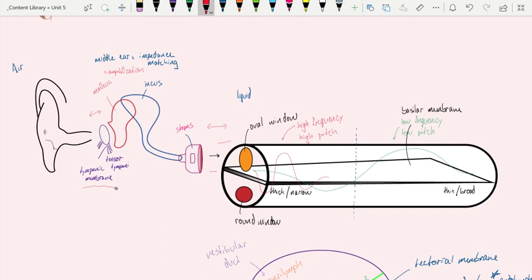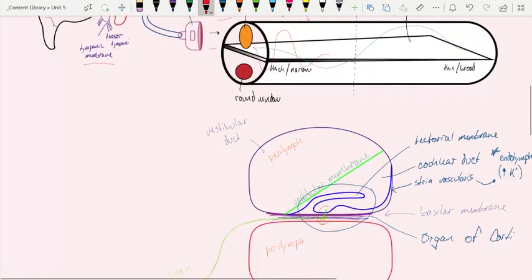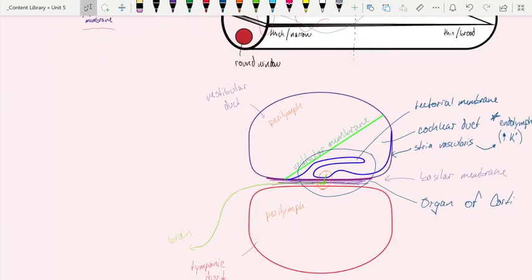And as that vestibular duct receives all of that pressure, it looks for its resonance frequency along the basilar membrane, and the basilar membrane starts to move. As the basilar membrane moves, specifically in reference to the tectorial membrane as part of the organ of Corti, the hair cells that are embedded in this start to vibrate back and forth.